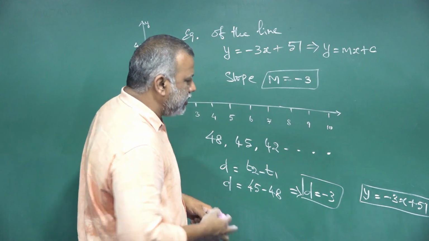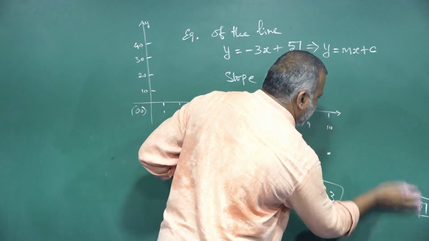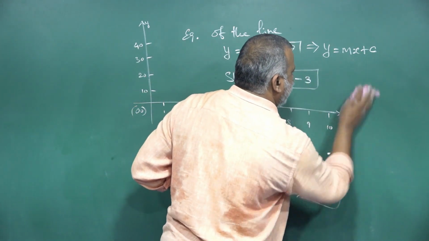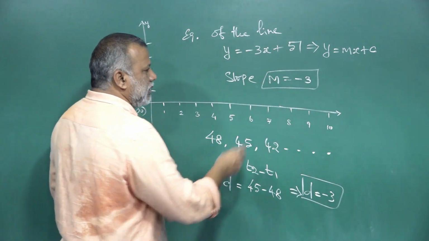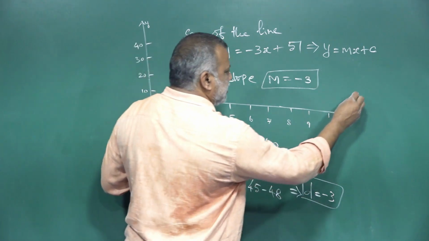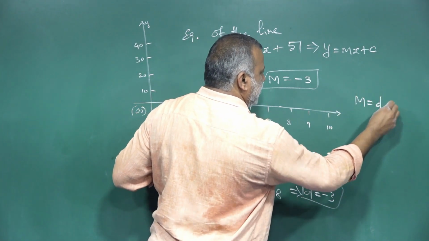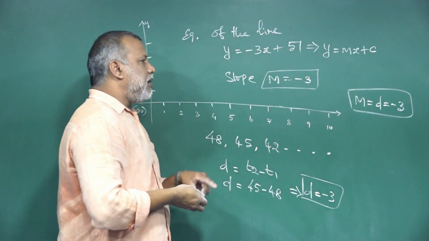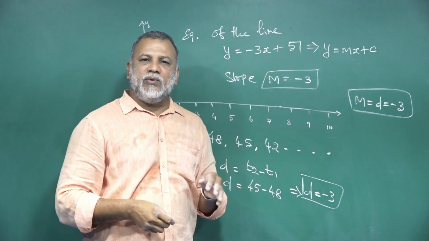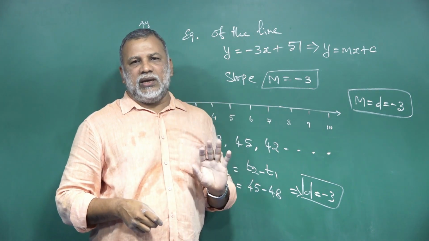What is your opinion? From this, we are able to conclude the common difference is always equal to the slope of the straight line. So we can say the conclusion, m equal to d equal to minus 3.